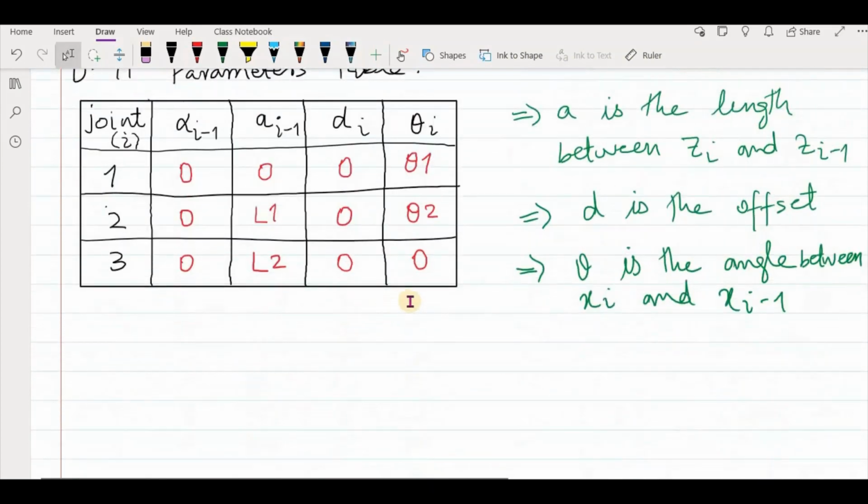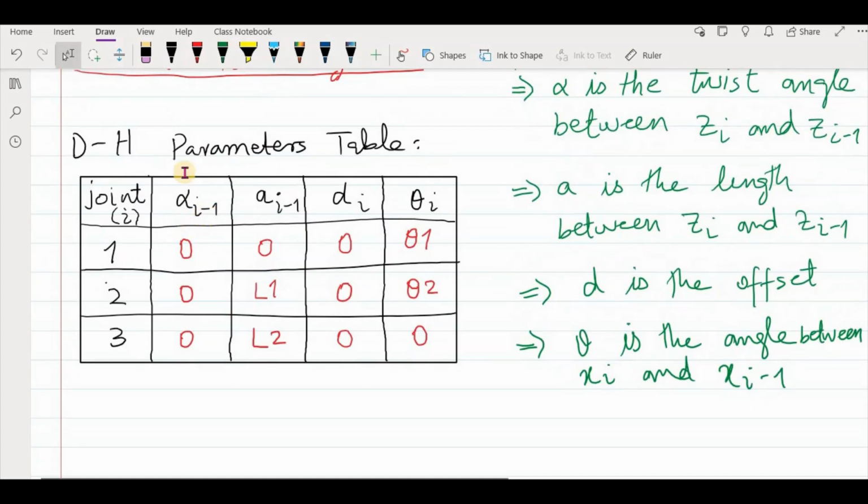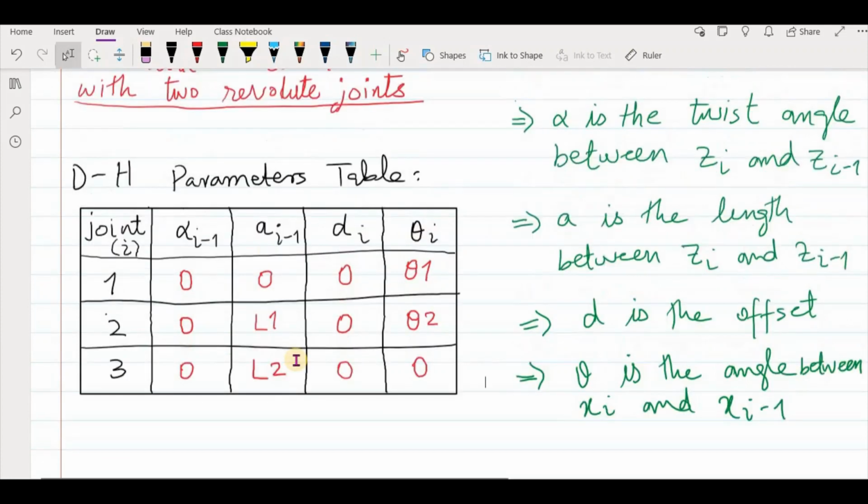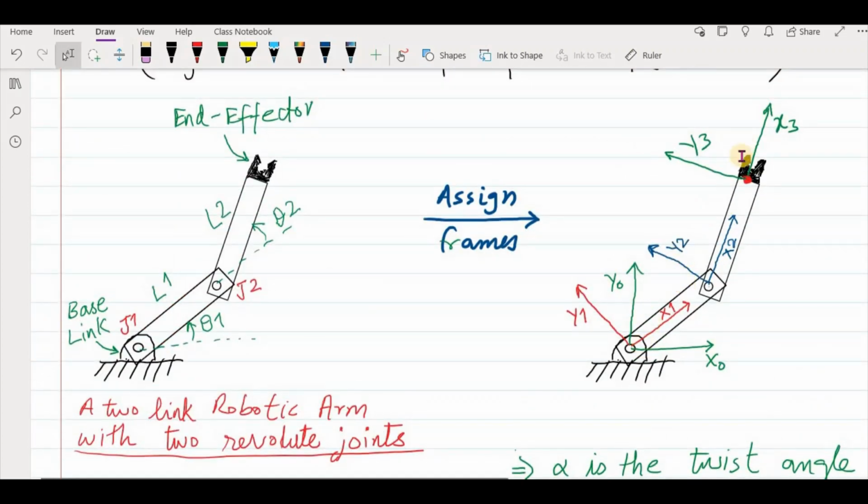So once you have all these parameters for your DH table, it means that now you can use the transformation matrix, which was designed specifically for the DH convention, to find the transform between the links, and finally the transform between reference frame 3 and reference frame 0.